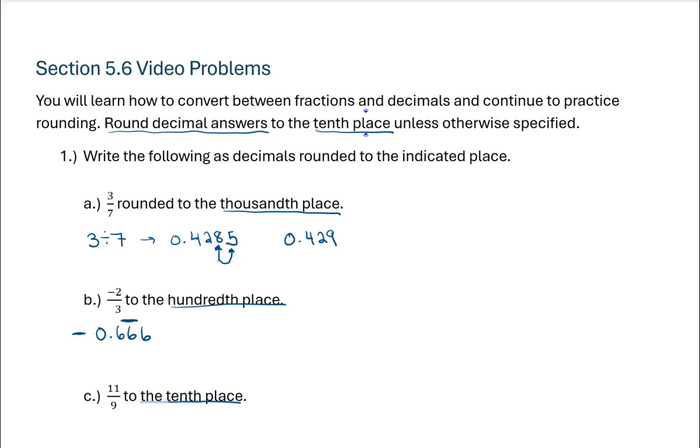Now I'm ready to round. 2 places to the right is my 100th. I look 1 more place to the right. It's 5 or greater, so my 6 has to go up. So I get -0.67, negative 67 hundredths. And that is my final answer.